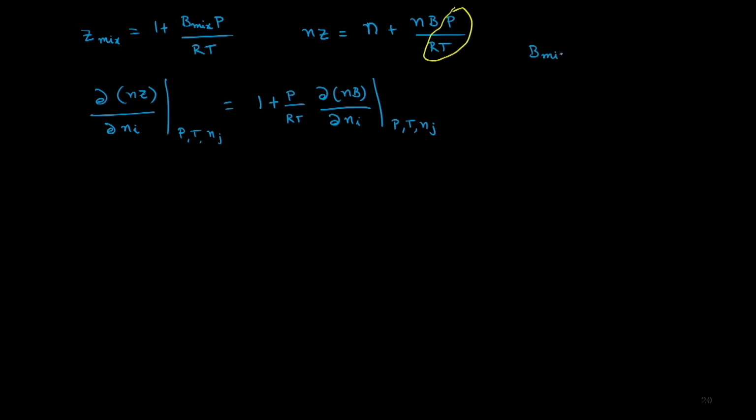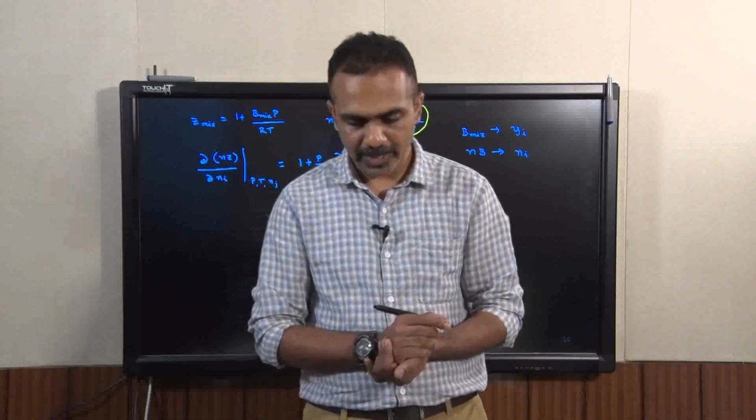Recall that B for the mixture is a function of yi, so NB will be a function of Ni. That's why I did not take B out of that derivative. Although the temperature is constant, for a mixture B itself is going to be a function of the mole fraction, so NB will be a function of Ni. So what I'm looking at is trying to obtain the derivative of NB with respect to Ni at P, T and Nj. Once I do that, I can easily get the fugacity coefficient for species i.